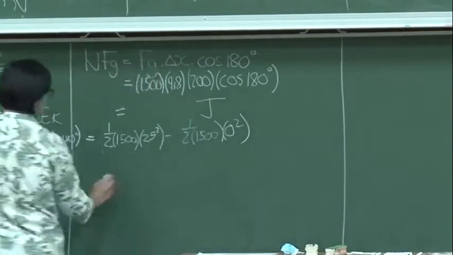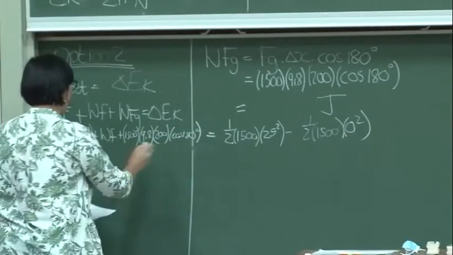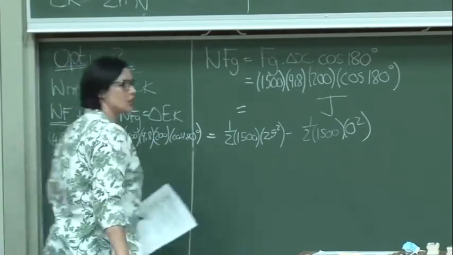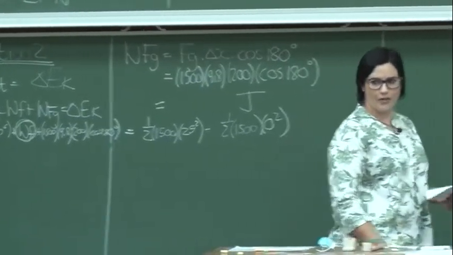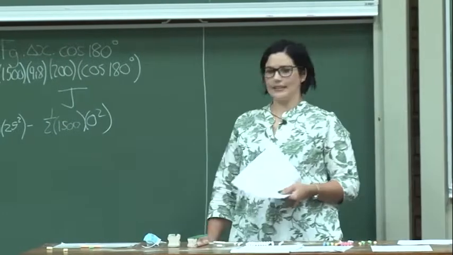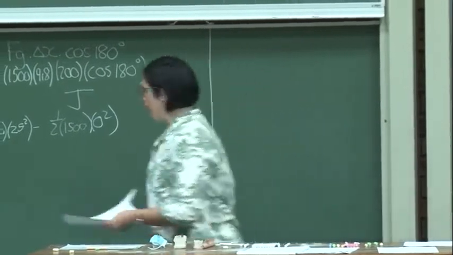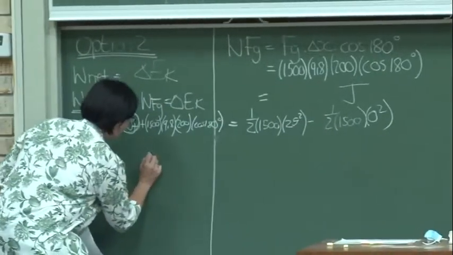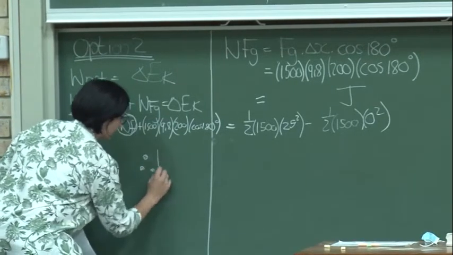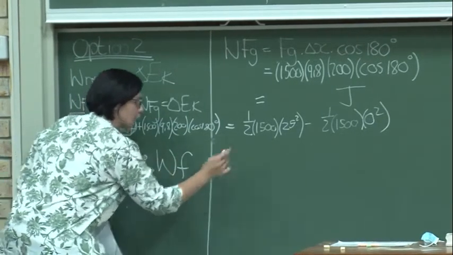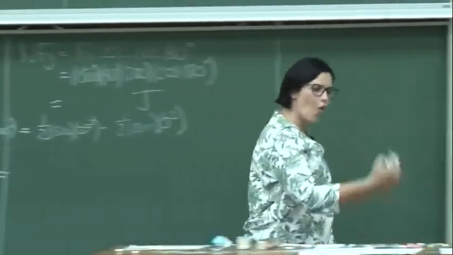Now, do I have enough information to solve the work done by the frictional force? Yes. You put it in on the calculator. This is the easiest part. The work done by the frictional force. Do we expect a negative answer? Of course we do, because it's the work done by the frictional force.